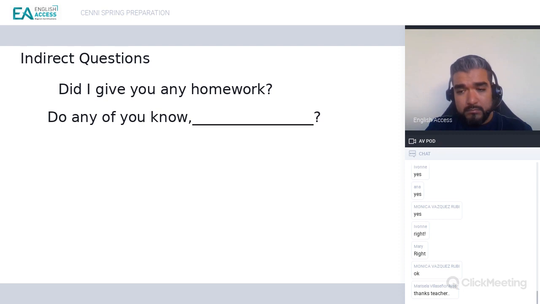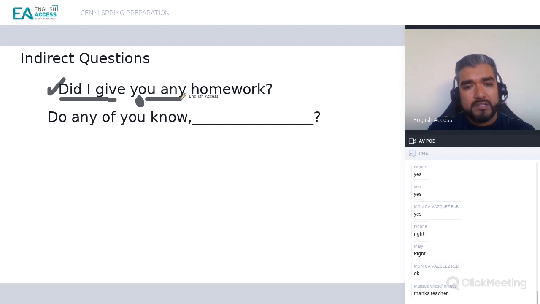What do I need to do with the first question, with this question? Well, this question right here, which is a direct question, needs to change. And now this question is going to become an indirect question.